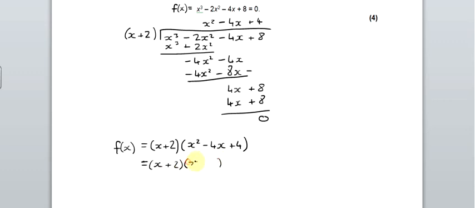That's a nice straightforward quadratic to factorise. It's going to be x minus 2 times x minus 2, which means we can solve it. x is equal to minus 2, or x is equal to positive 2.